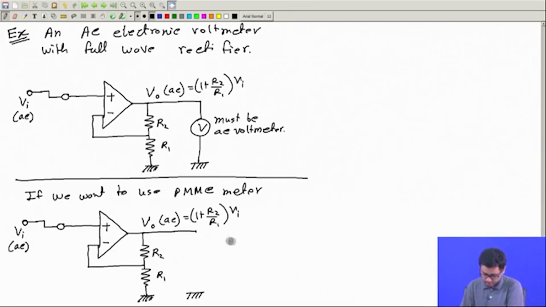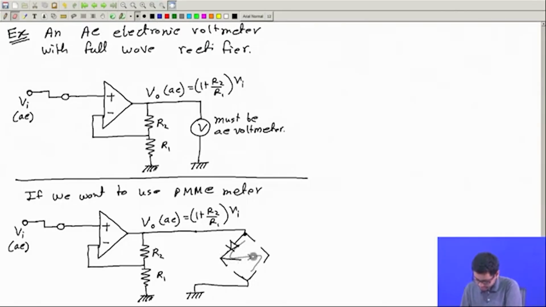So let's first draw a full wave rectifier. The bridge I shall draw first. This will be the input of the bridge. I would like to have the current in this direction, so I will put the diode in this way.